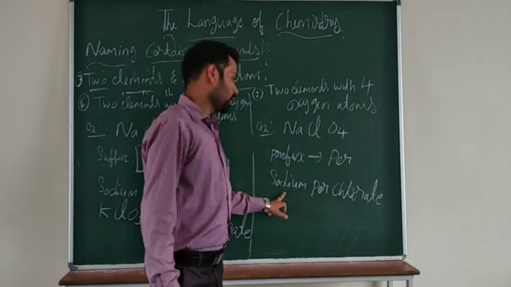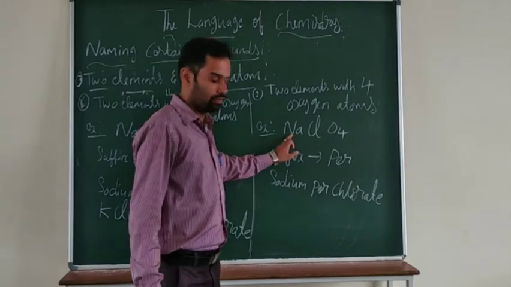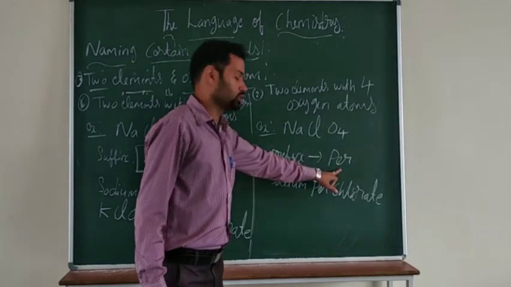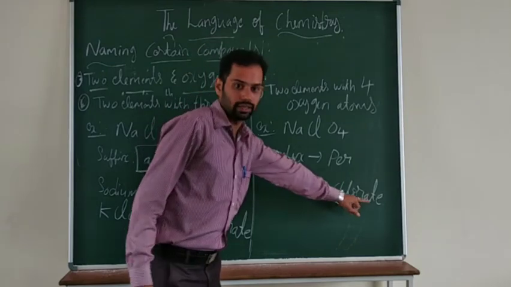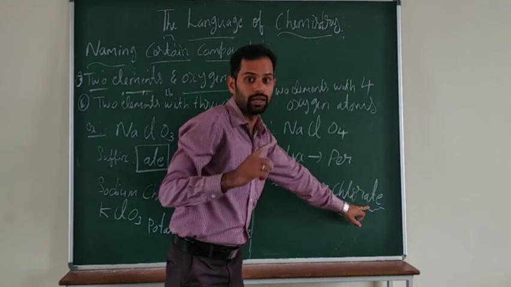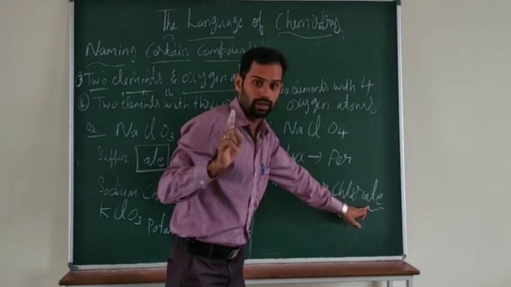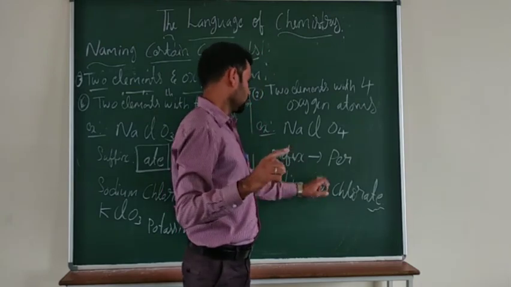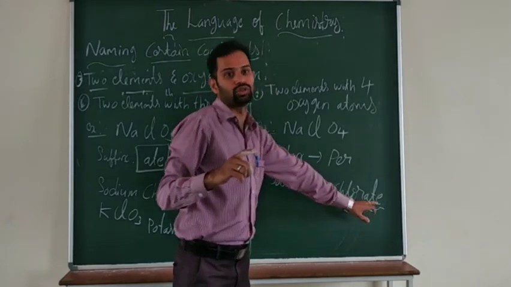After writing the element name sodium, it's a metal, first you should write the metal name. Then the prefix per is used. Perchlorate. Look at that, ATE. Don't write ITE, not perchlorite. Prefix per, then suffix ATE should be used there.